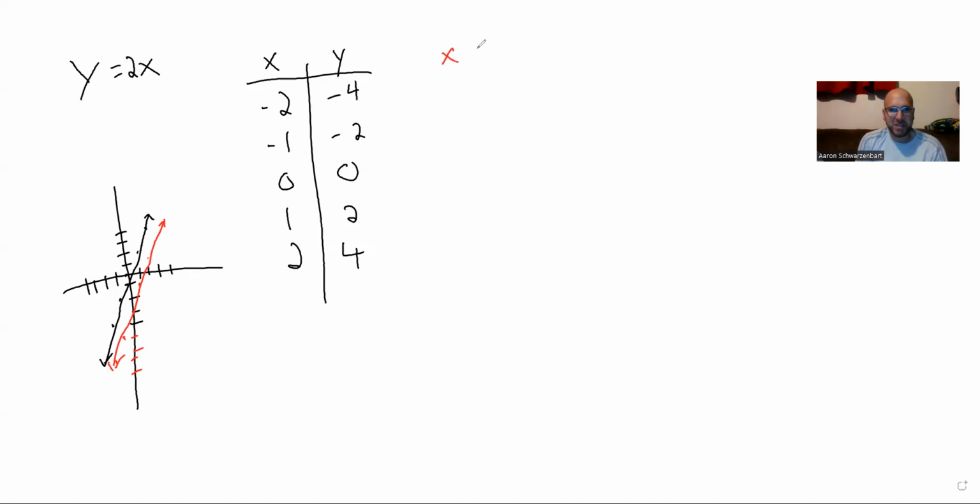Looking at the XY table, shifting each point down 3 subtracts 3 from the y coordinate. You'll notice my y-intercept is now, instead of being 0, it's -3.